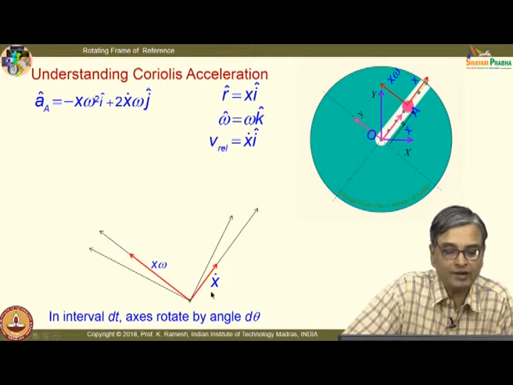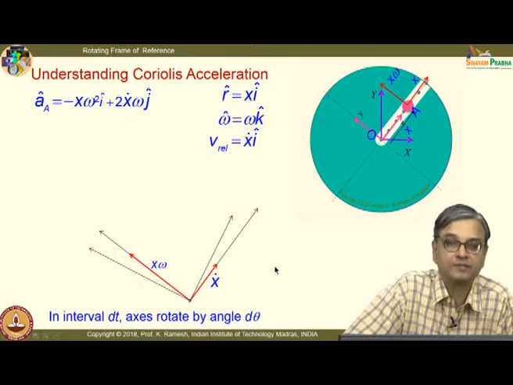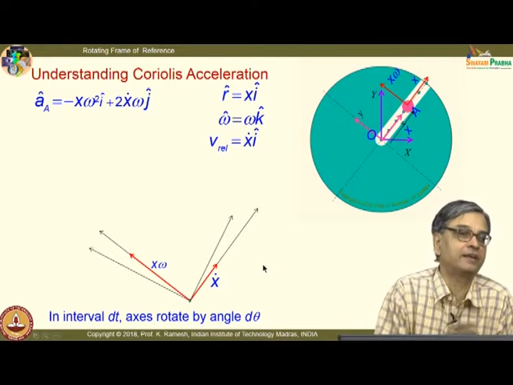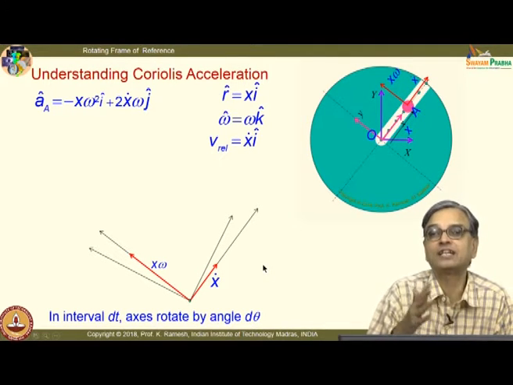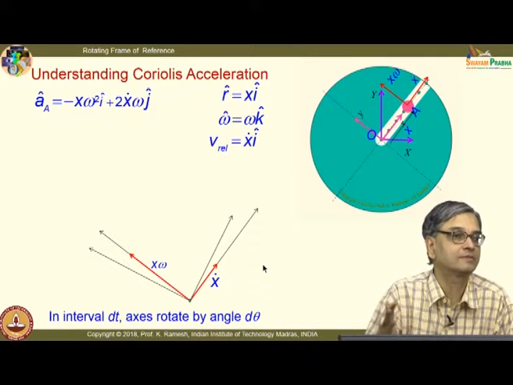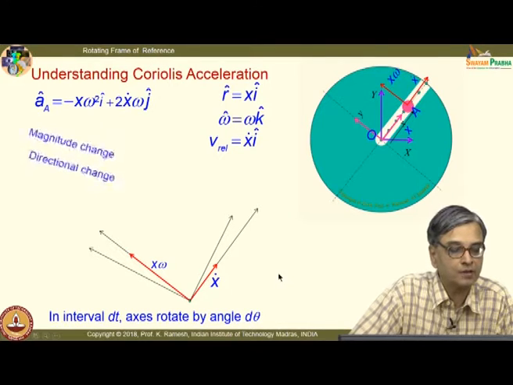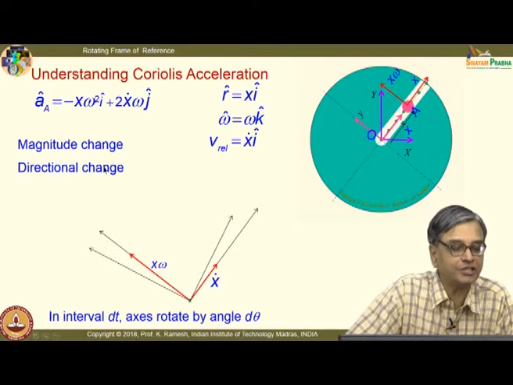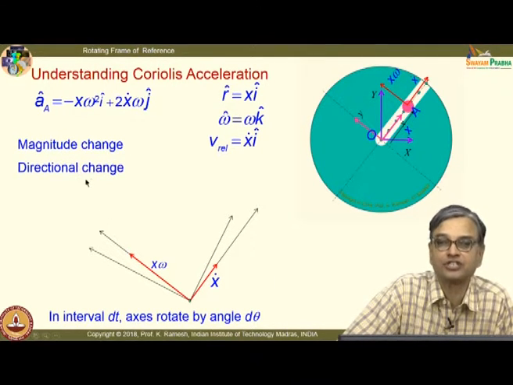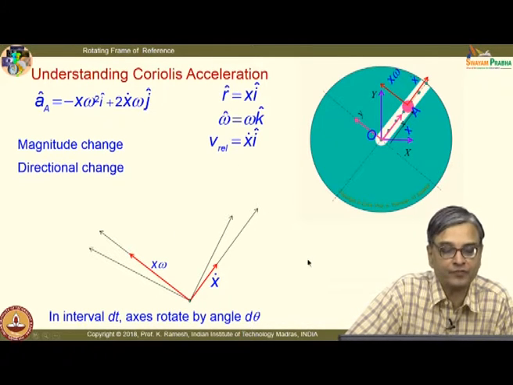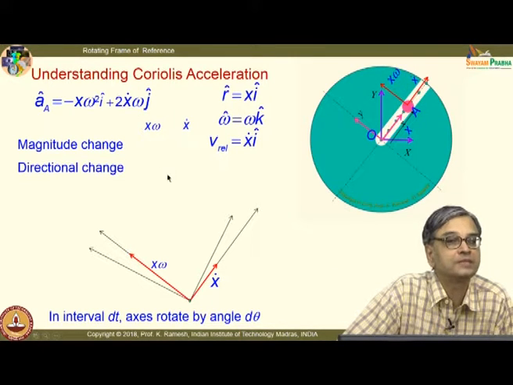Now, what I would like to investigate, from the problem statement, is how these quantities change. I have to look at the magnitude change as well as the directional change. Let me summarize. I have two components of velocity: one is x omega, another is x dot.